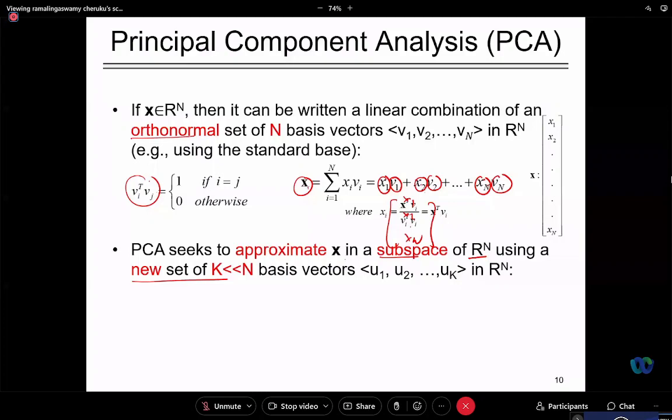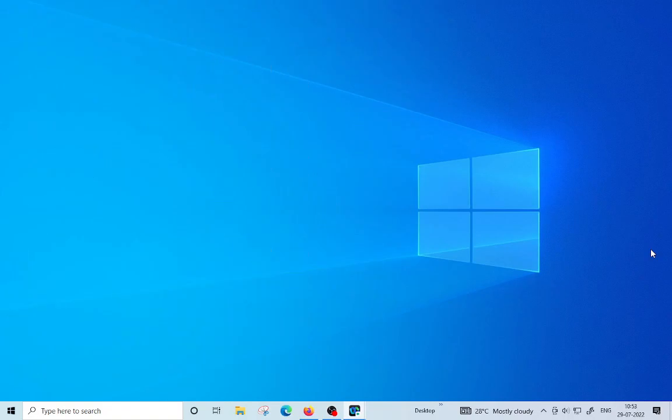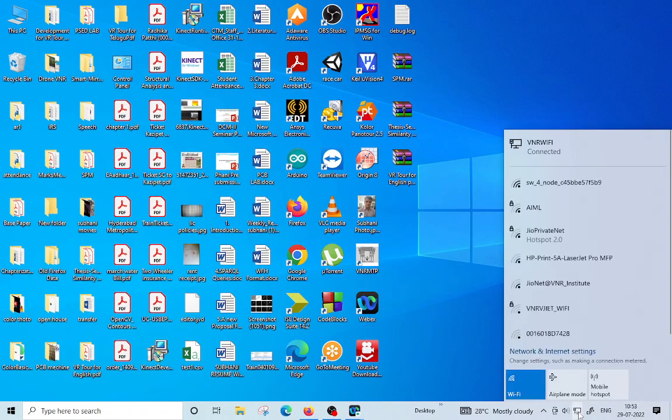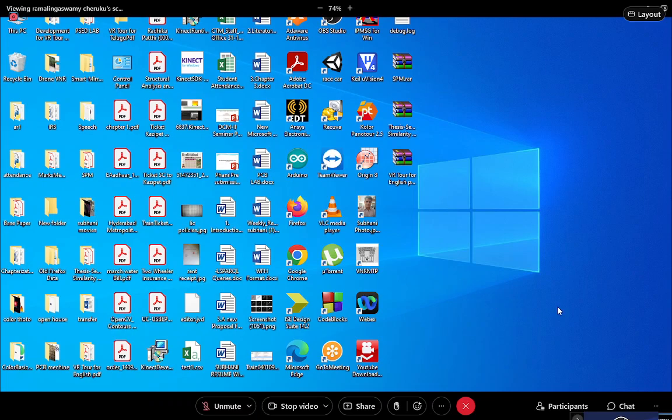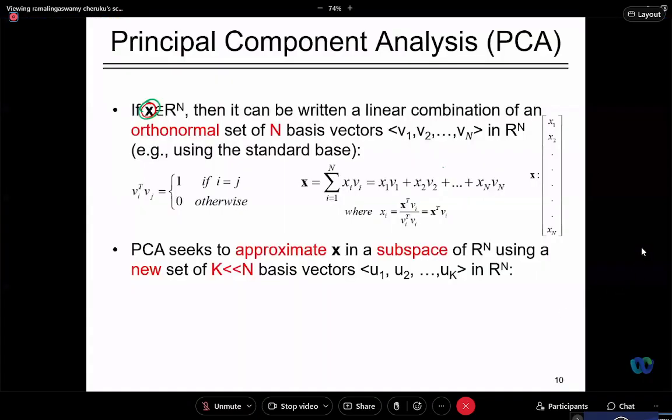So what you observe over here is very important. What is the basis vector of X? V1, V2, Vn. Means if there is a point X, its basis vectors are V1, V2, and Vn. So this has components x1, x2, and xn, because there are n components.